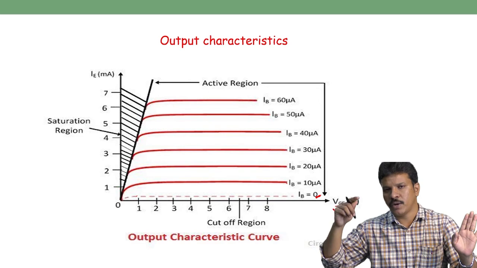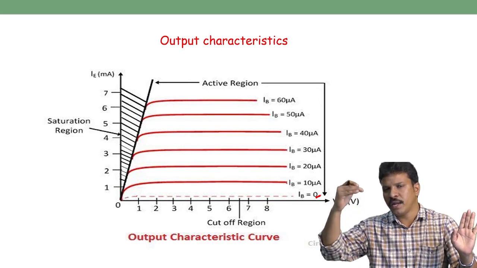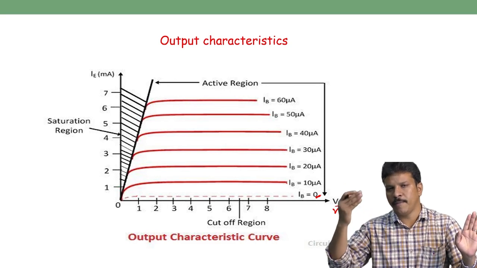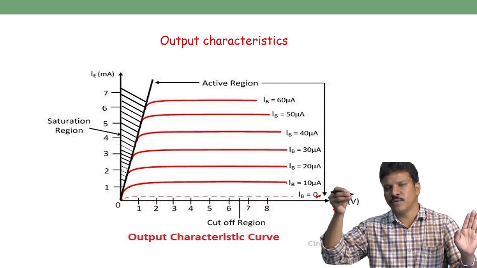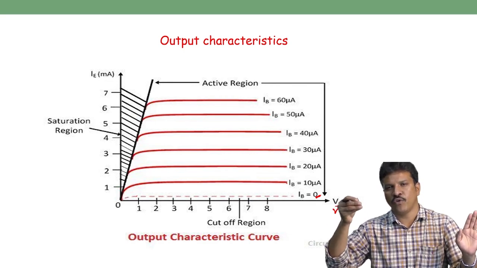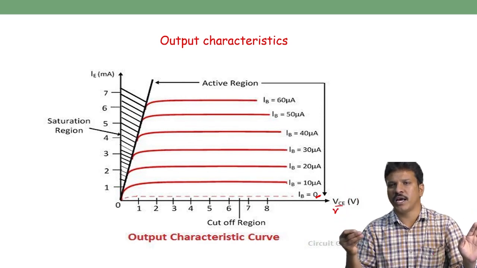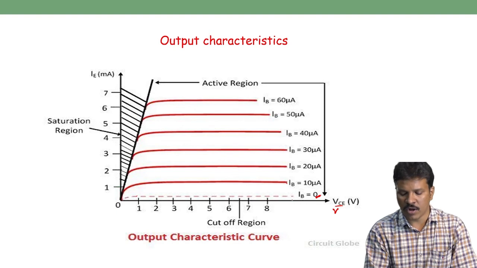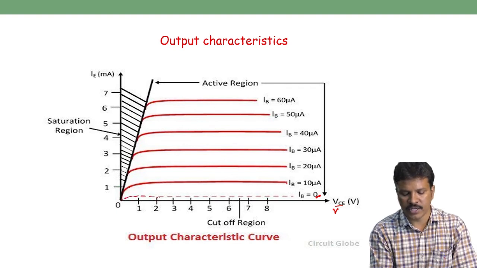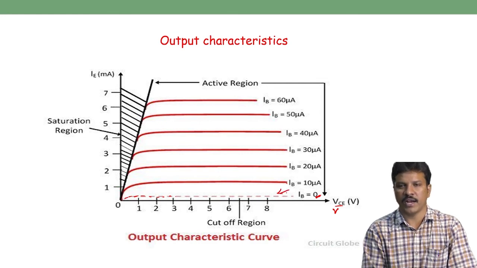As this reverse voltage increases, a minority current flows between the emitter and collector. As I said, the emitter is heavily doped and the collector is moderately doped, so when we increase the reverse voltage, a significant minority or reverse saturation current flows. That's why we can show a dotted line with a small current flow in the graph. This dotted line represents a significant minority current or cutoff current.